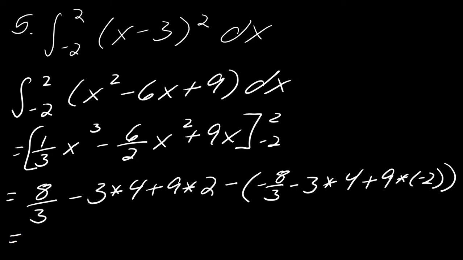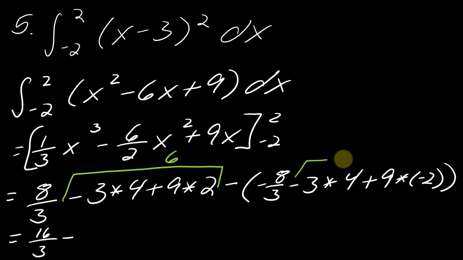Okay, so now if I continue to work all of this out, I have this 8/3 and then this plus 8/3. So I'll write this out as 16/3 because those are my only fractions. Just give me a second to work this all out. So 16/3, and then this will become minus 12 plus 18. So this whole thing right here, this is 6.